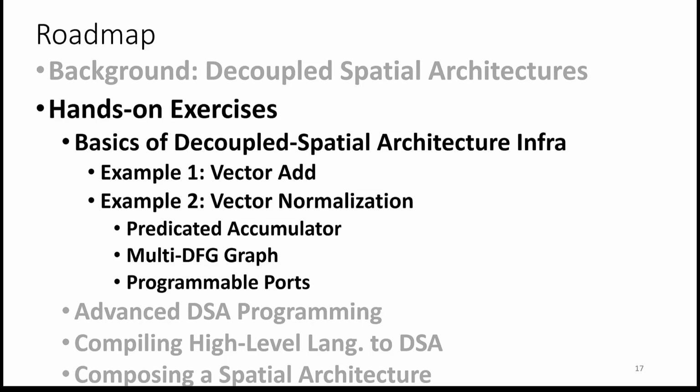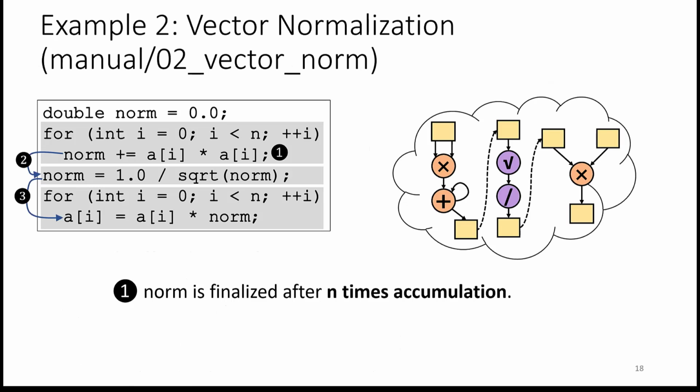Here I will introduce some more hardware features, for computational idioms that cannot be specialized by the hardware features we introduced in the previous example. For the vector normalization, there are 3 idioms that cannot be well specialized by the hardware features we covered in the last example. The first is the accumulation.